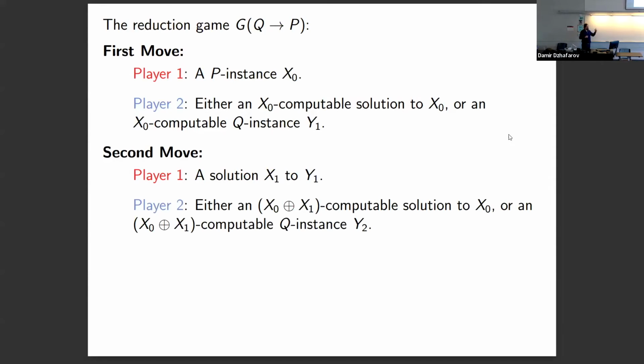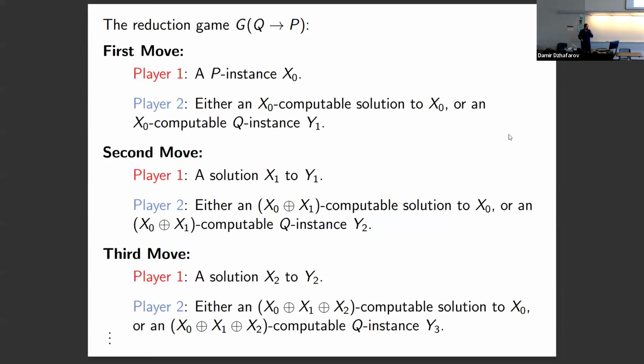It can play a solution that's computable in the joint data x0 and x1, but it could also play another instance y2, except it still needs to play computably in the data provided. If it plays another instance, then player 1 has to play a solution to that. Now player 2 can either solve the initial instance or play one more instance of Q, et cetera, et cetera.